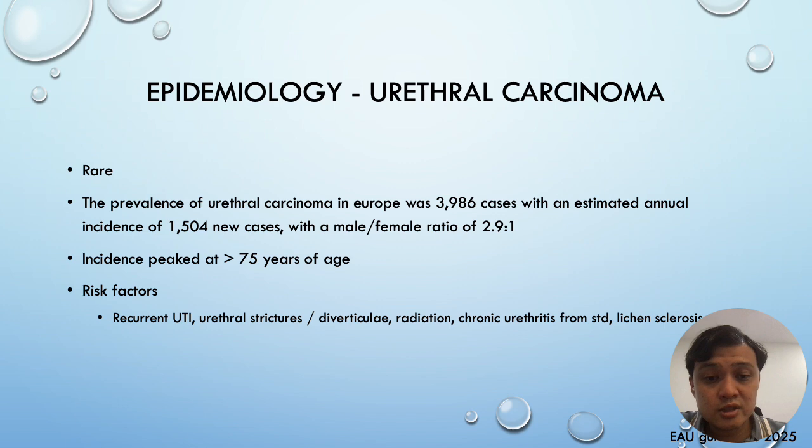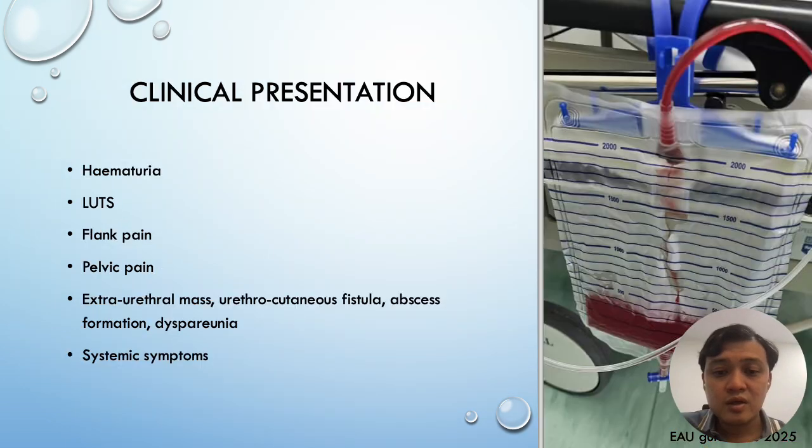I'm not sure about the incidence in Malaysia, but in Europe the prevalence is about 4,000 cases with an estimated annual incidence of 1,500, again with a male preponderance. The incidence peaks at the age of more than 75. Risk factors include recurrent UTI, urethral stricture, and diverticula contributing to recurrent UTI, radiation, chronic urethritis from sexually transmitted infection, as well as lichen sclerosus.